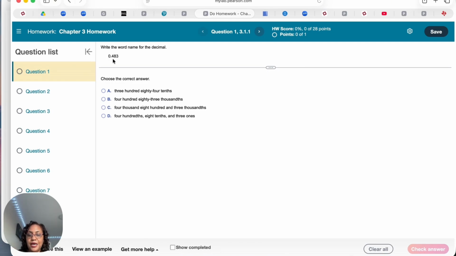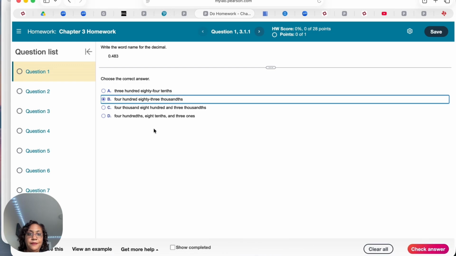But on the other side of the decimal, we go in the other direction and we don't have a ones. So it's tenth, hundredth, thousandth. So this would be 483 thousandths.